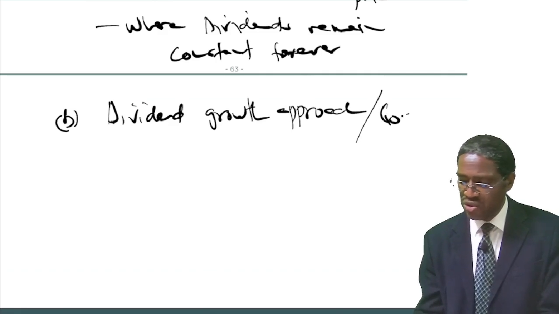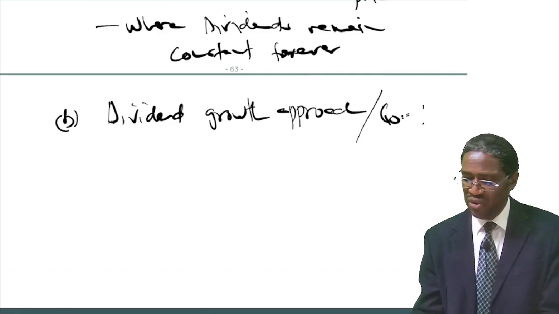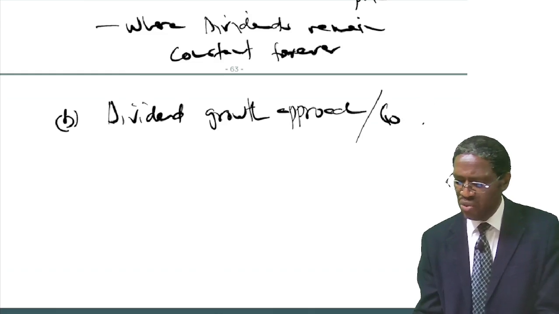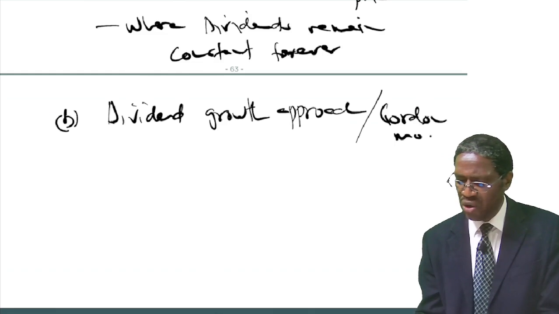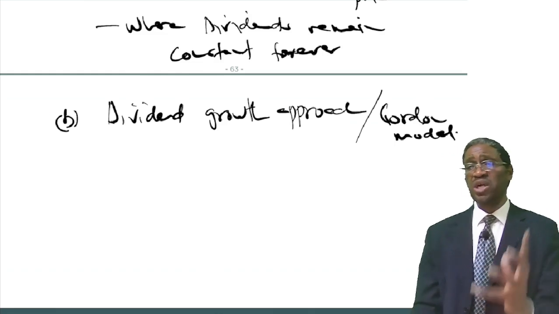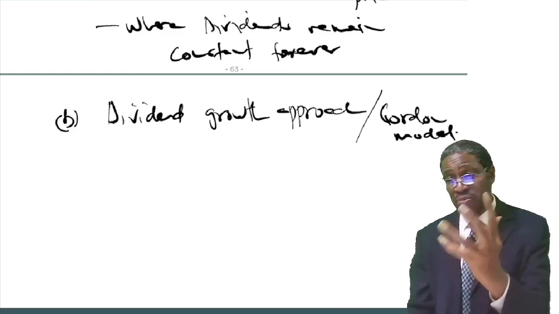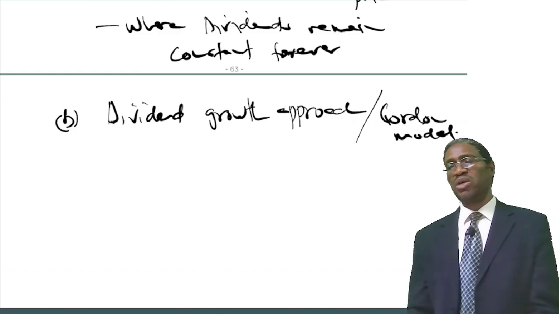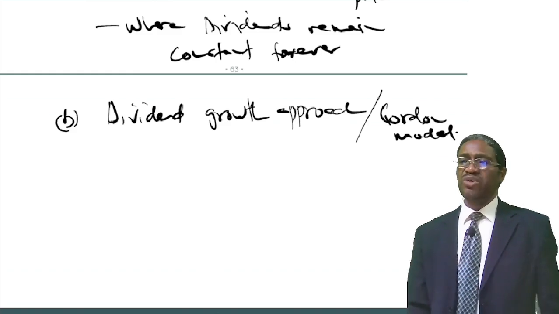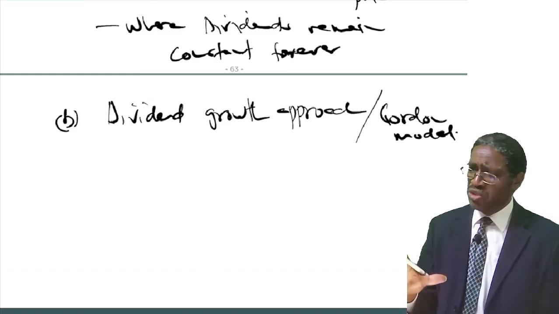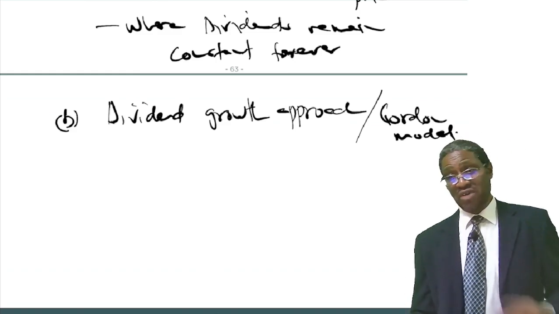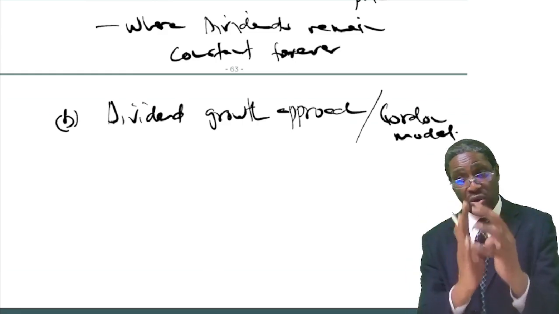We have not discussed Gordon's model yet. We shall discuss it in detail later in another topic called dividend policy. But for now, we are computing the cost of capital.